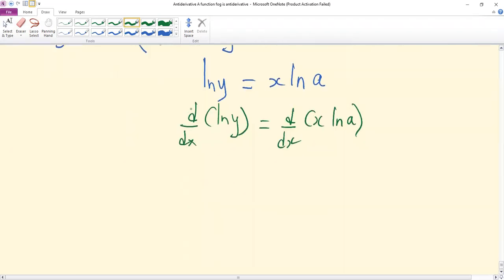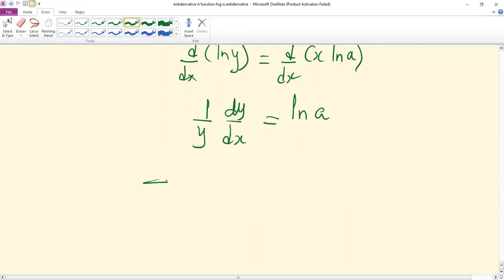Then d dx of ln of y will be 1 over y dy dx, which is equal to, now remember ln of a is just a constant, so d dx of x is 1, so it will just be ln of a.